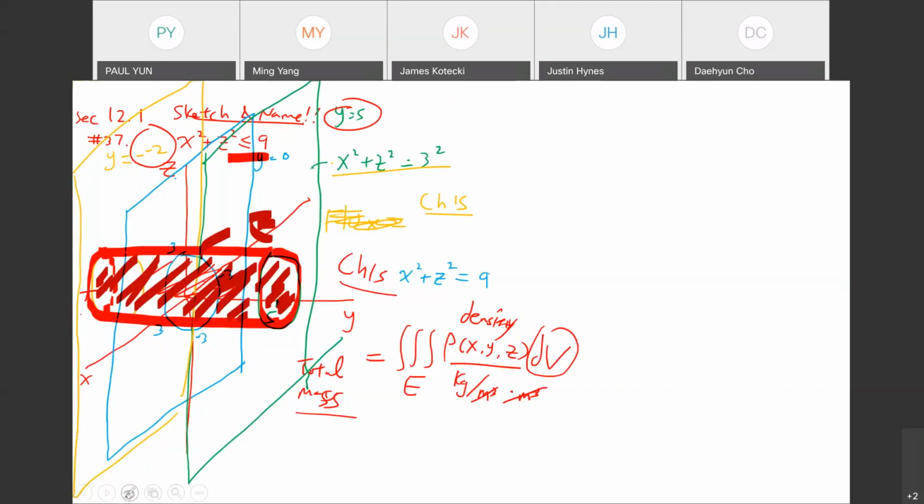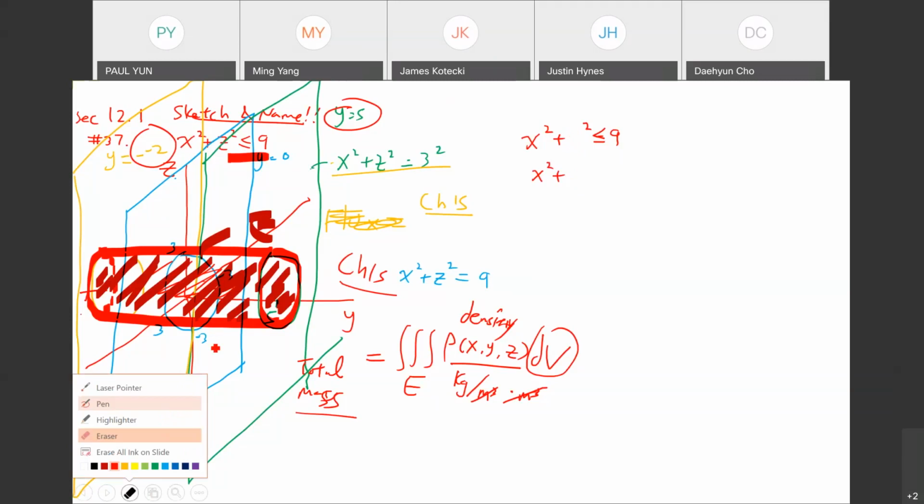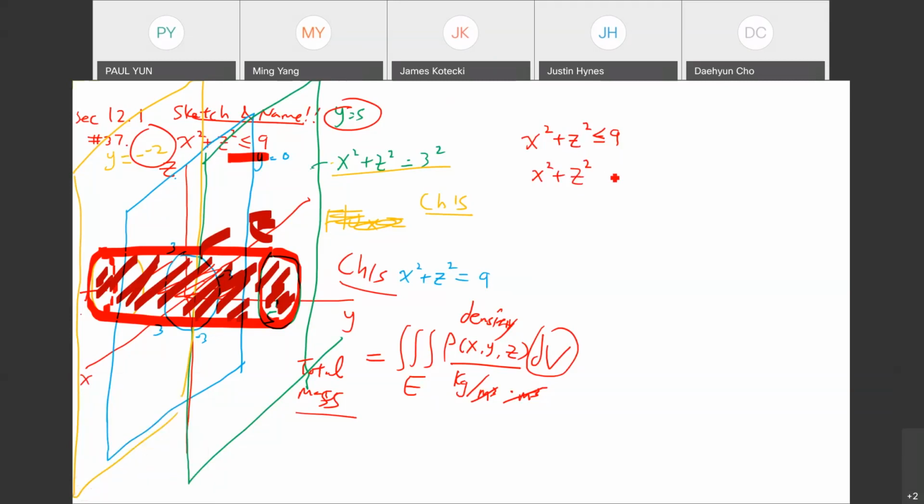That's a good question. Okay, here we go. So we see x squared plus y squared is less than or equal to 9, or x squared plus y... I'm sorry, it's not y, it's z. Let's think about it's 3 squared.